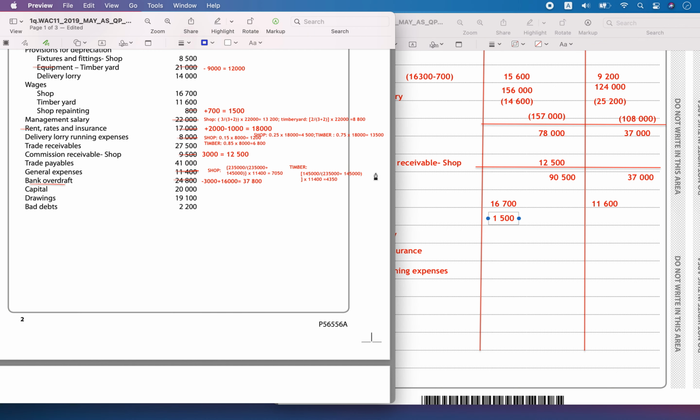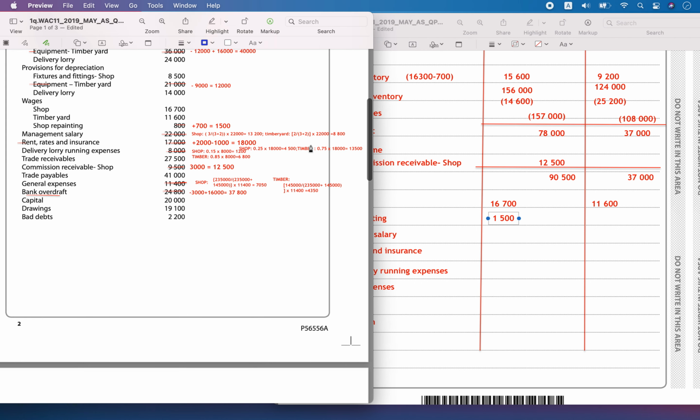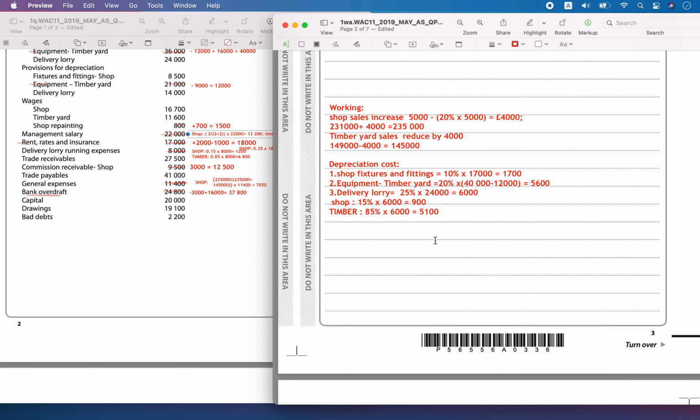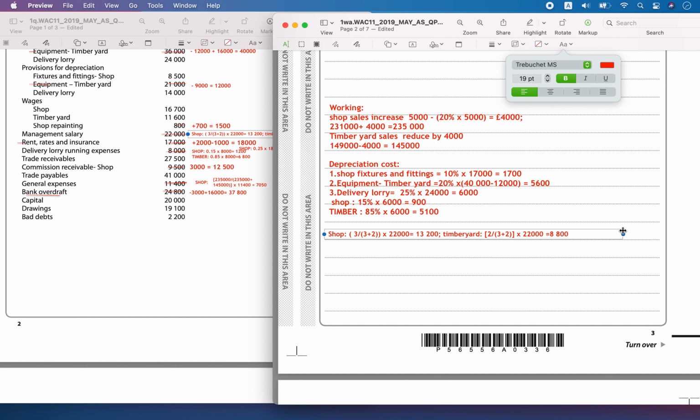Then management salaries, we have already apportioned, it is 13,200 for the shop and 8,800 for the timber yard. We had already calculated. So this is how you will apportion, because of the ratio they have given.